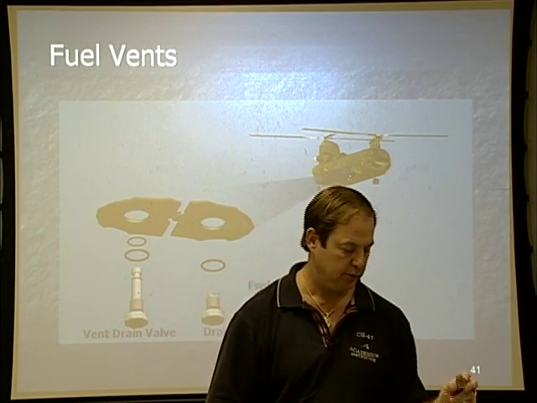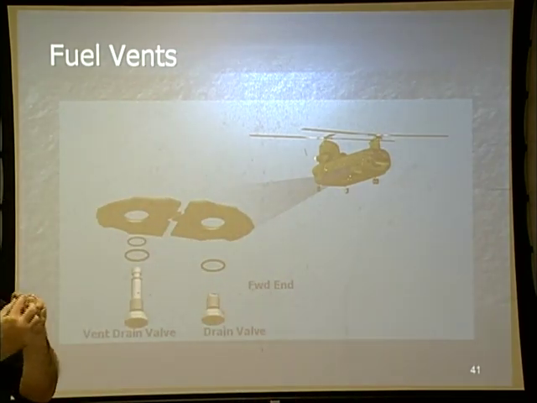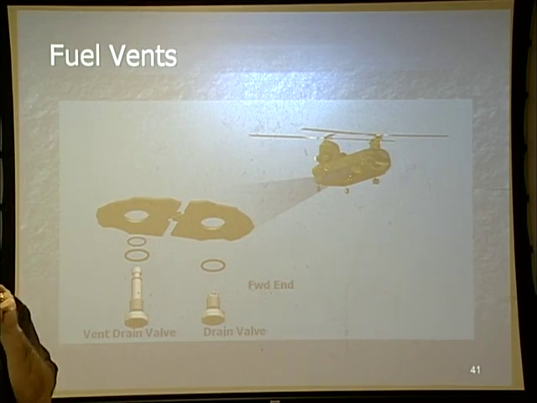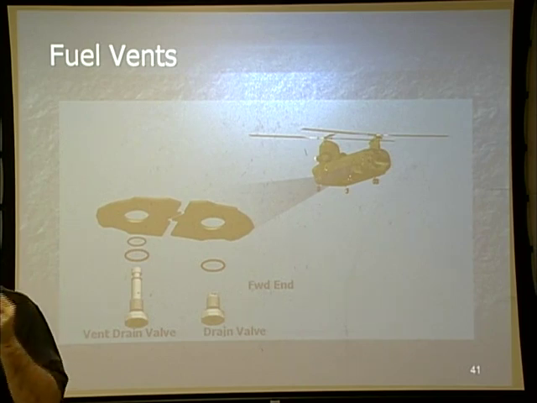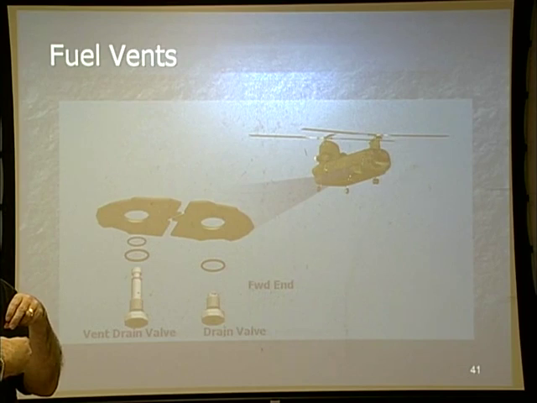So you can see where the circles are your vent portion, and where the fuel drains, you put a screwdriver in here. We have a special modified little funnel type system that we use, and we just take the fuel sample using that. Any questions about that?